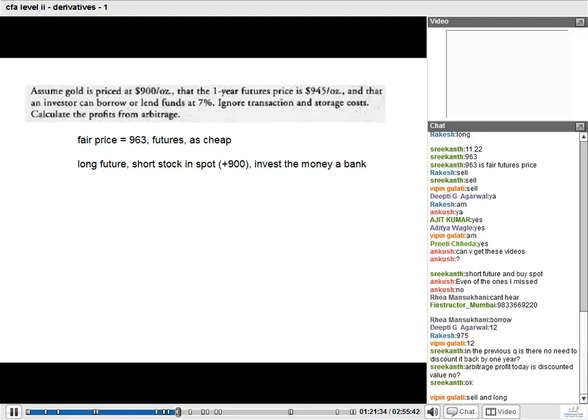So you long the future and short the stock in spot. You will receive $900 invested in the bank. So how much money will you have at maturity?